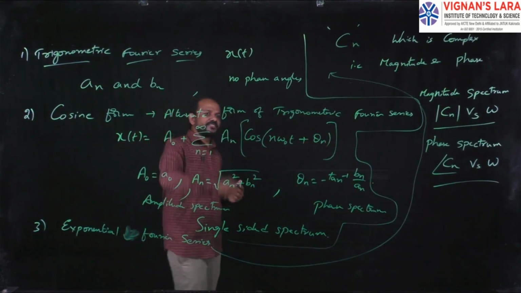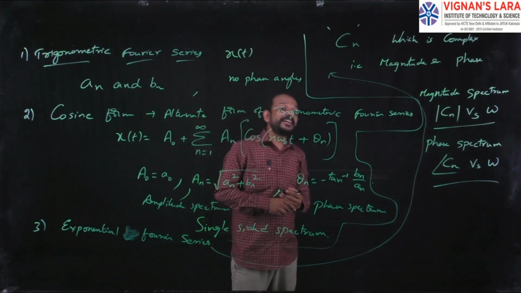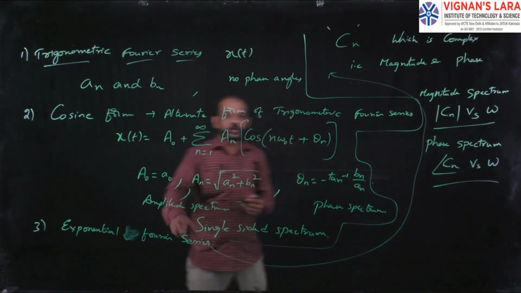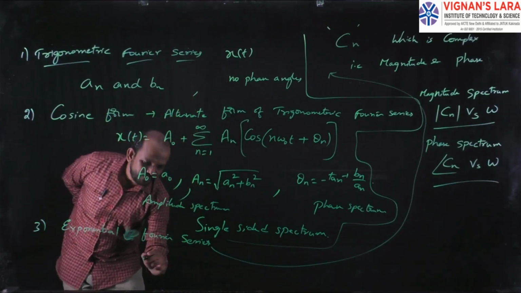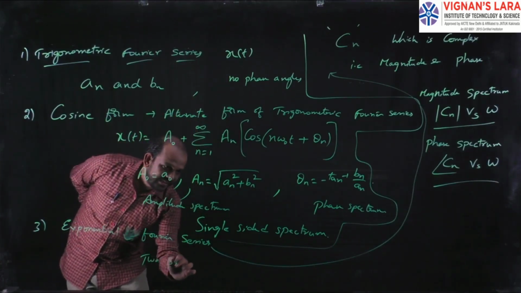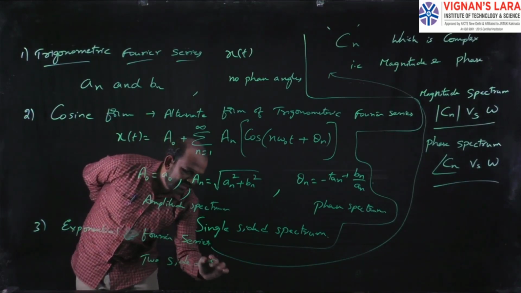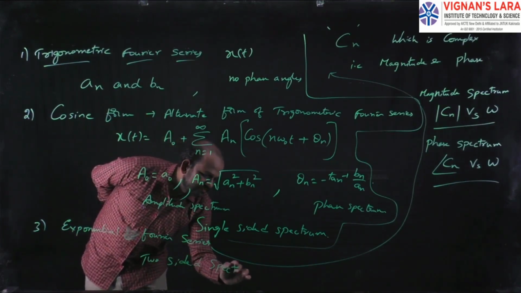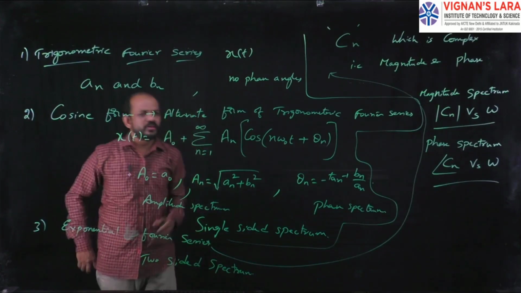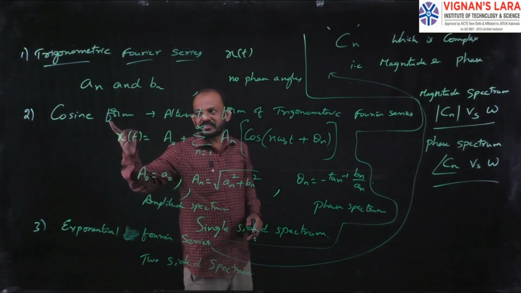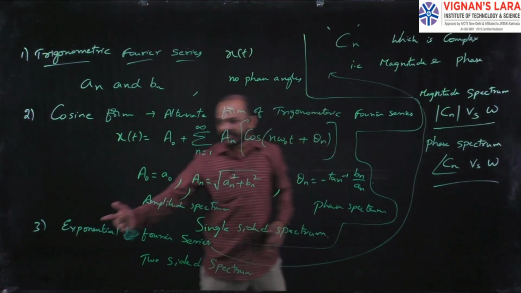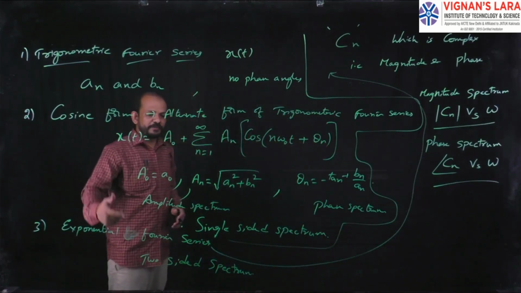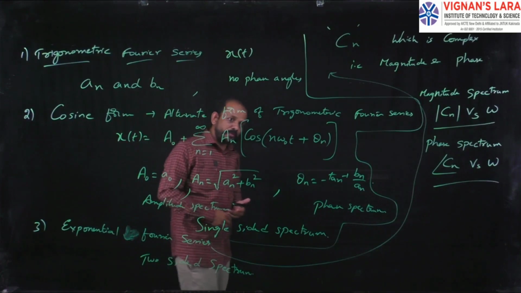Hence, this type of spectrum is called a two-sided spectrum. So the exponential Fourier series has a two-sided spectrum, or you can call it a double-sided spectrum. Whereas this cosine form Fourier spectrum is a single-sided spectrum or one-sided spectrum. Here the exponential Fourier series spectrum is a two-sided spectrum or double-sided spectrum.